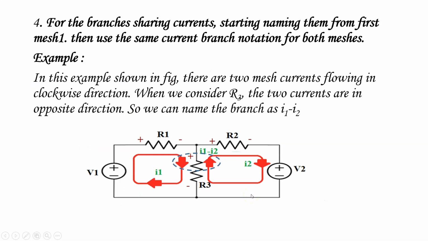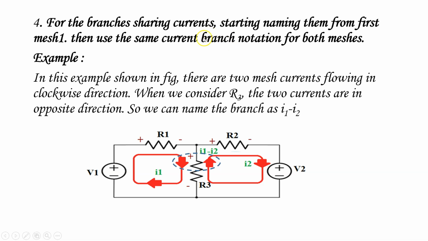Fourth step. In this fourth step, I will be naming the branch that is shared by two currents. For the branches sharing currents, start naming them from the first mesh, then use the same current branch notation for both meshes.